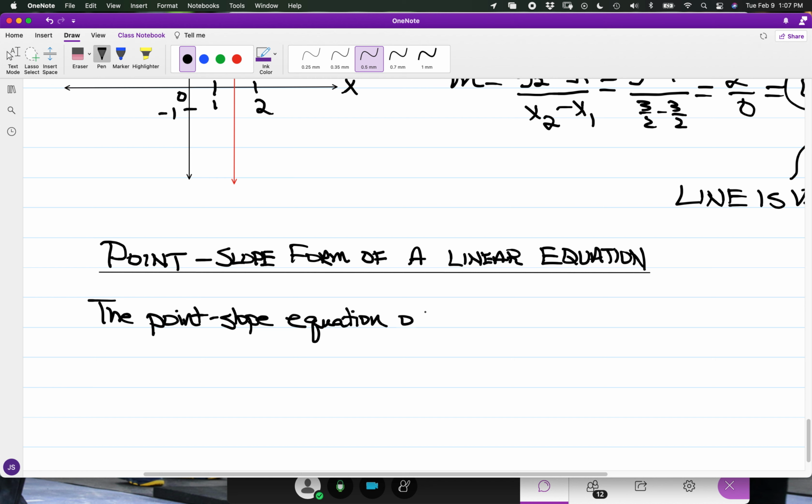And let's say that the point slope equation of a line with slope m that passes through 2 points.